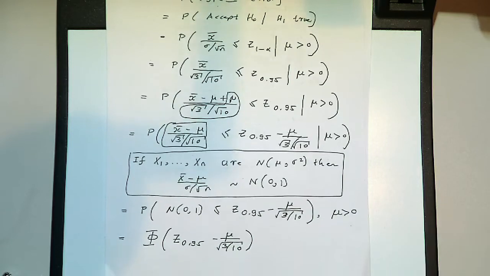Right? Okay, now in the actual question, it is asking you to work out this probability when mu is 1 and also when mu is 1.5.